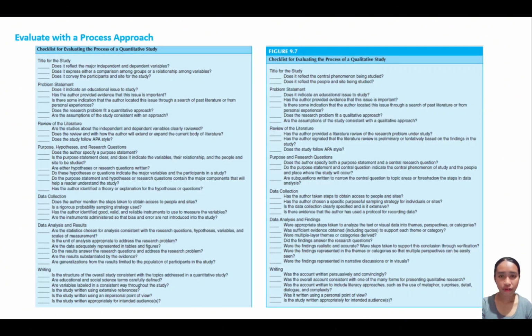The findings should be presented persuasively and convincingly using appropriate literary approaches and a personal point of view. Overall, this checklist ensures that a qualitative study is methodologically robust, conceptually sound, and effectively communicated to its intended user.